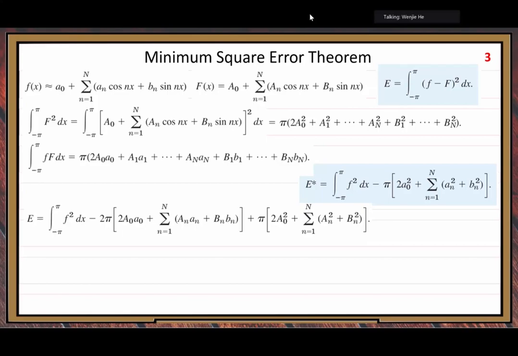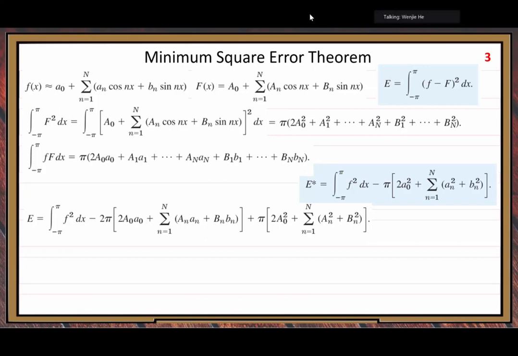Best approximation means the error term in our square of error definition is the smallest. Here we have the general error expression, capital E, and the special error expression, E star.